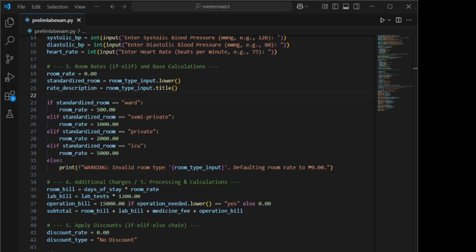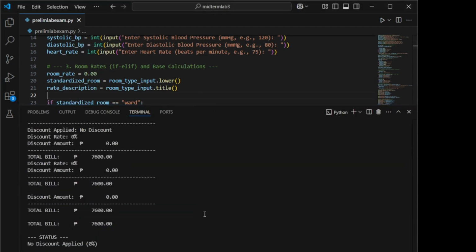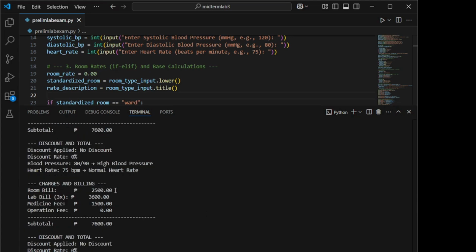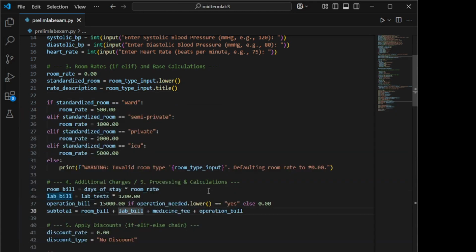So let's try 5 times 5 equals 25. And as what we got here, we have the accurate calculation in our output.